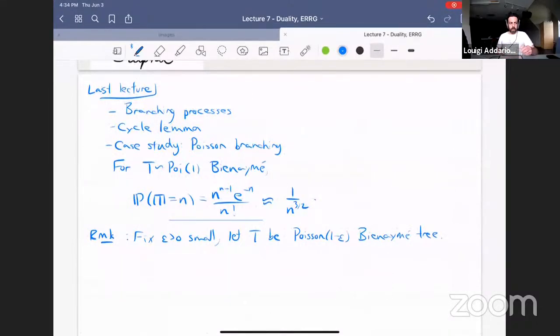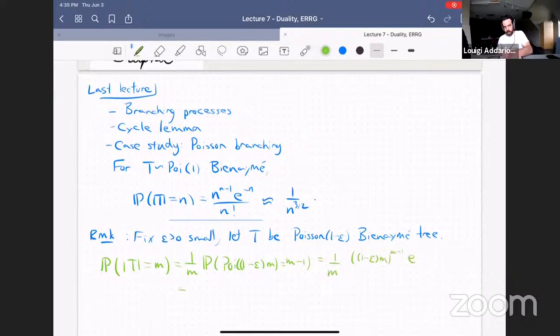Then what do we get out of the cycle lemma? We get that the probability that T has size m is 1 over m times the probability that a Poisson random variable with mean (1 minus epsilon) m is m minus 1. Okay, so that's 1 on m, and now (1 minus epsilon) m to the m minus 1 e to the minus (1 minus epsilon) m on (m minus 1) factorial.